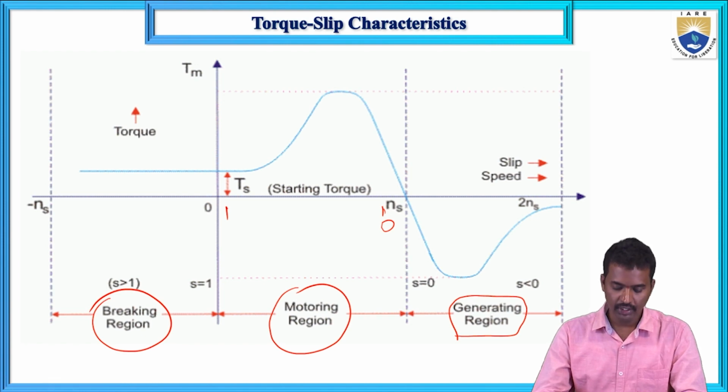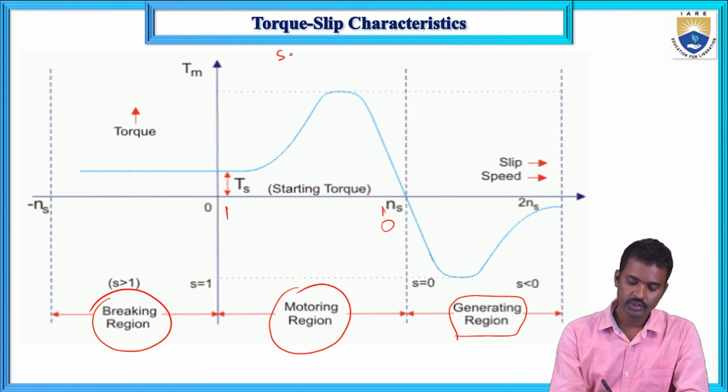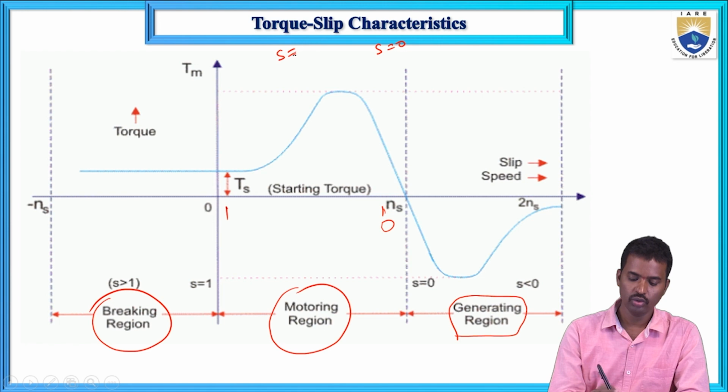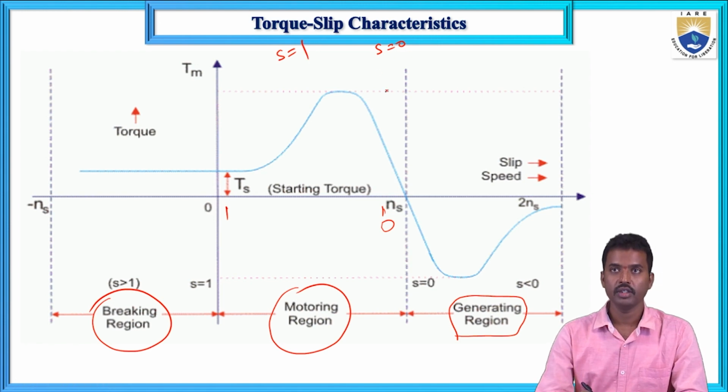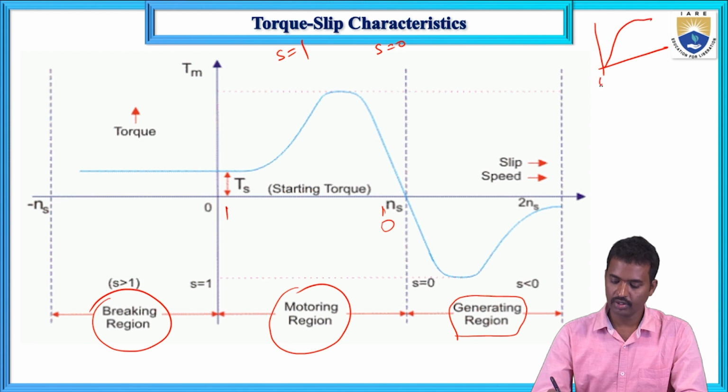Braking mode means here slip value equals 0 and slip value equals 1. In the previous slide we discussed this condition. Slip value is 0 and N equals NR equals NS, and the diagram should be like this.